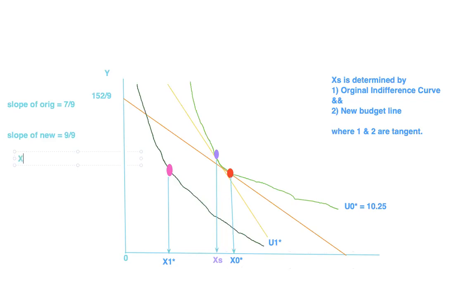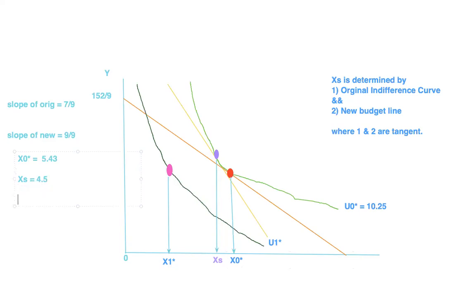We said X0 star is 5.43, and we calculated XS is 4.5, right?